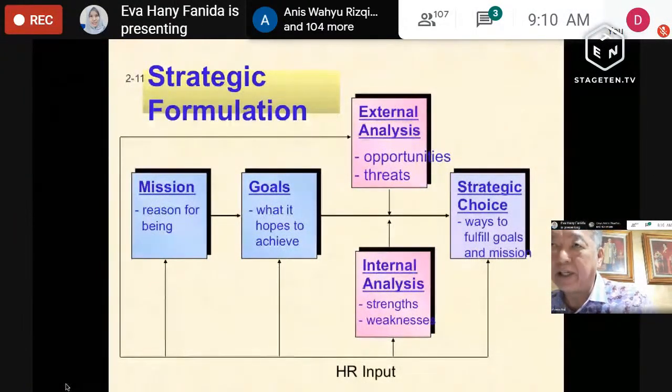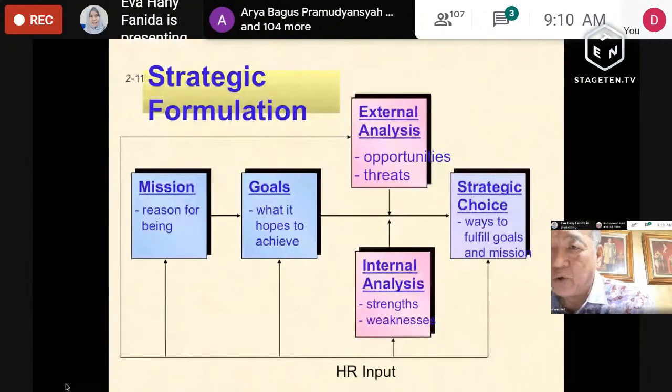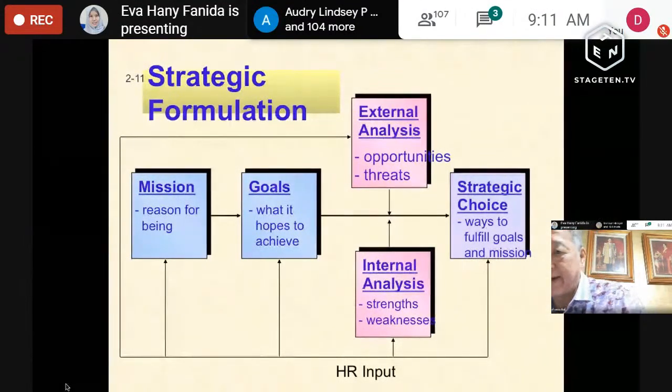So when we talk about competitive situations, that means we talk about the environment. We can separate it into external environment and internal environment.